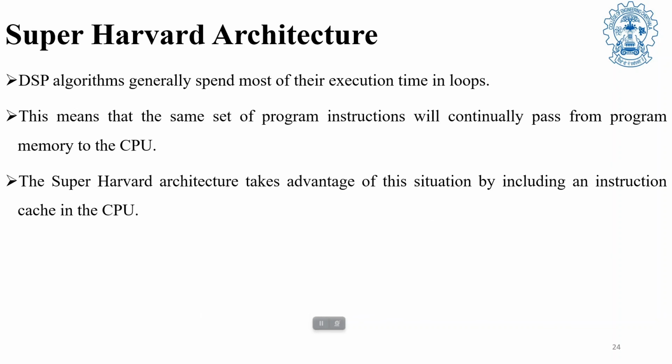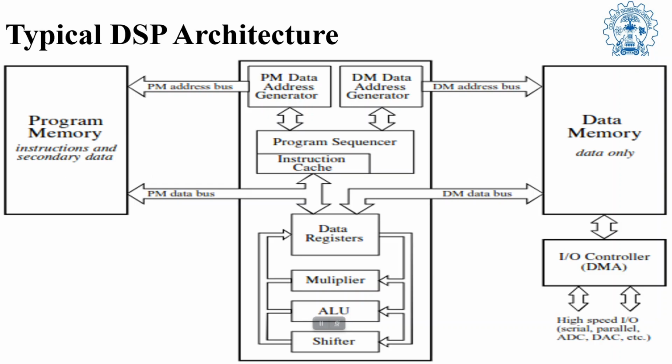Next, coming to the Super Harvard architecture, it is also known as SHARC architecture. So this is the typical structure for the SHARC architecture. Here, there is an I/O controller.